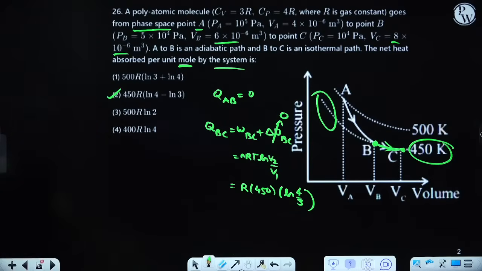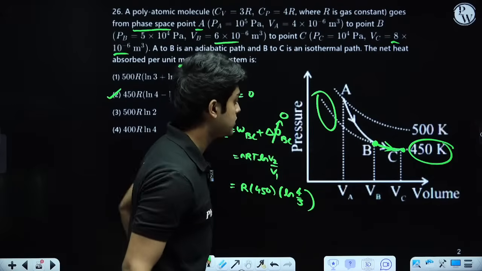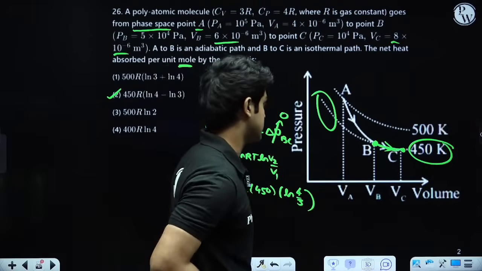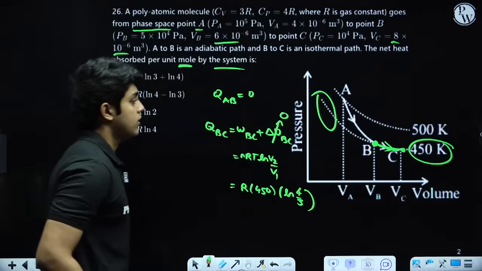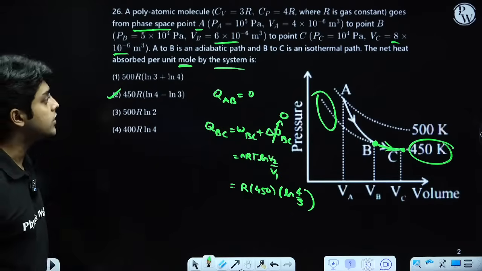So the work done in an isothermal process is what we needed in the question. Okay, in the adiabatic process there won't be any heat transfer, right? That is the definition of that process. dQ is 0. So that A to B path is basically useless if we want to calculate the heat.